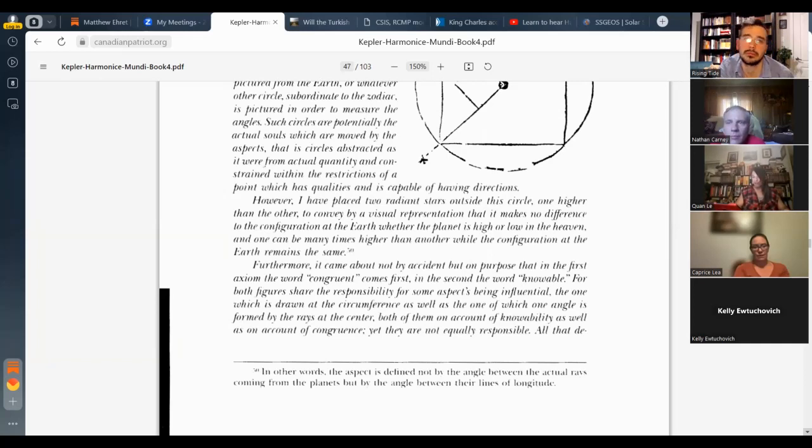For both figures share the responsibility for some aspects being influential, the one which is drawn at the circumference as well as the one of which one angle is formed by the rays at the center. Both of them on account of knowability as well as on account of congruence, yet they are not equally responsible.